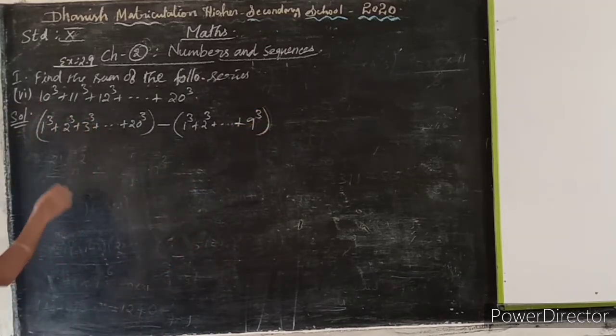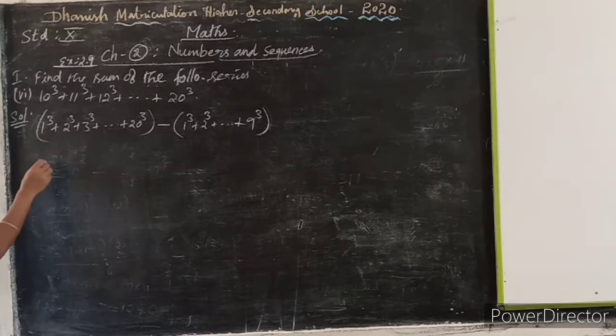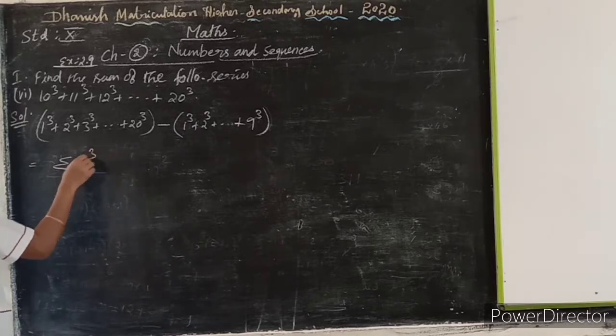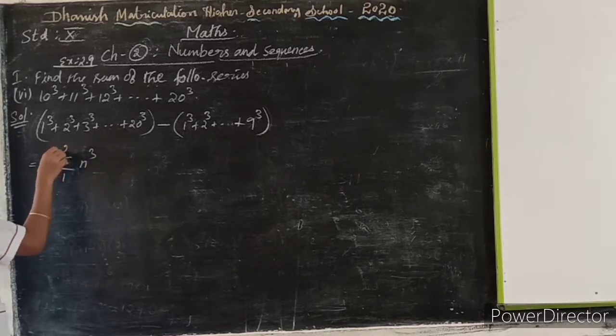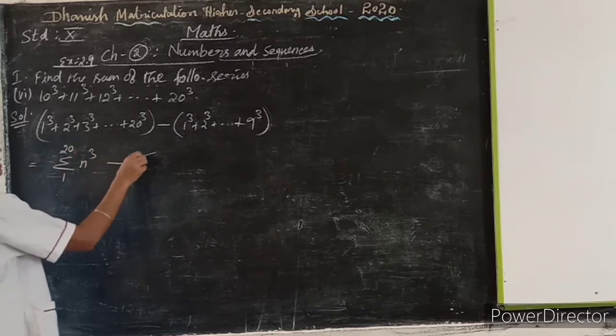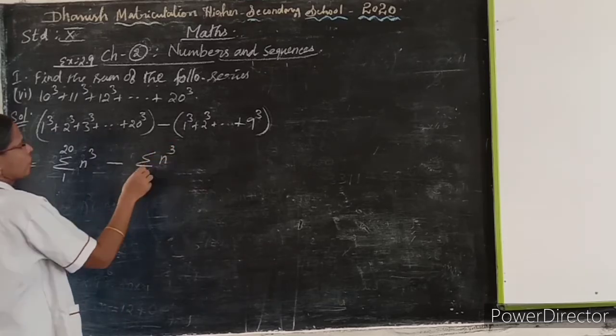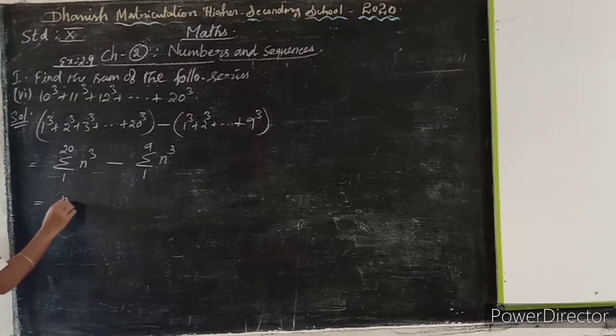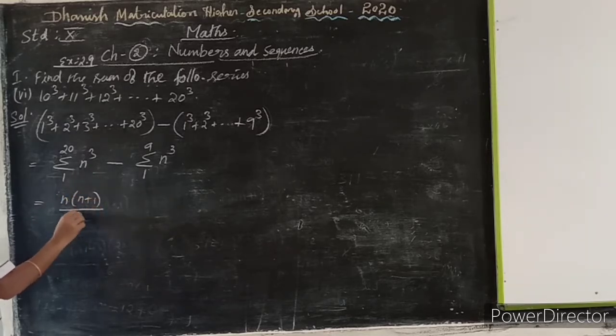Here the required formula is the sum of cubes of first n natural numbers. So the formula is sigma n cube from 1 to 20 minus sigma n cube from 1 to 9. The n cube formula is n into n plus 1 by 2, the whole square.